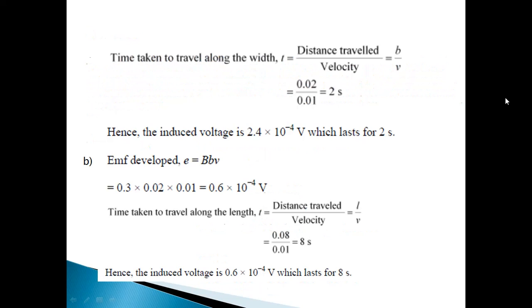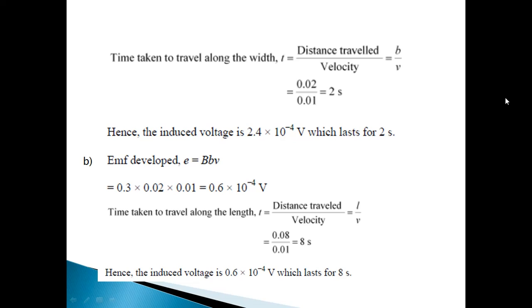Now when the motion is perpendicular to the longer side, then the shorter side will be parallel to the direction of motion. As long as the shorter side, or the breadth, remains in the magnetic field, the induced voltage will last.